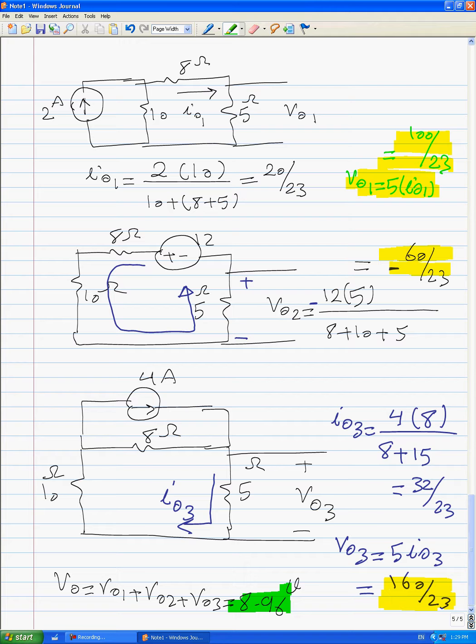You should be careful about the minus in V out 2. I mean here we should put, instead of V out 1, 100 divided by 23, instead of V out 2, minus 60 over 23, and instead of V out 3, 160 over 23.